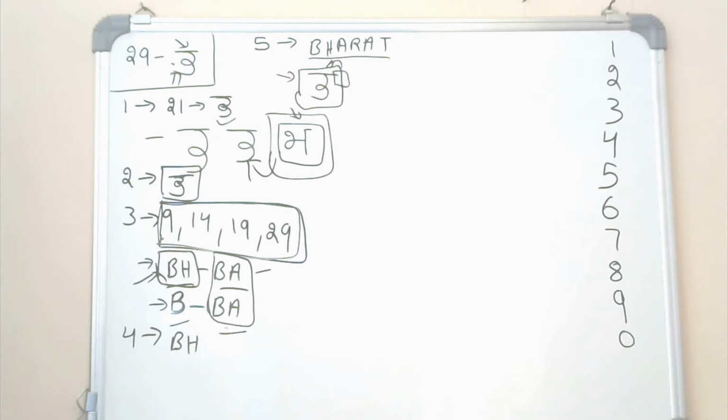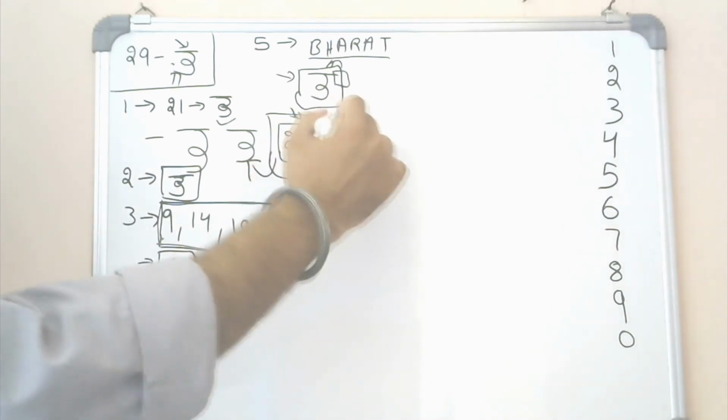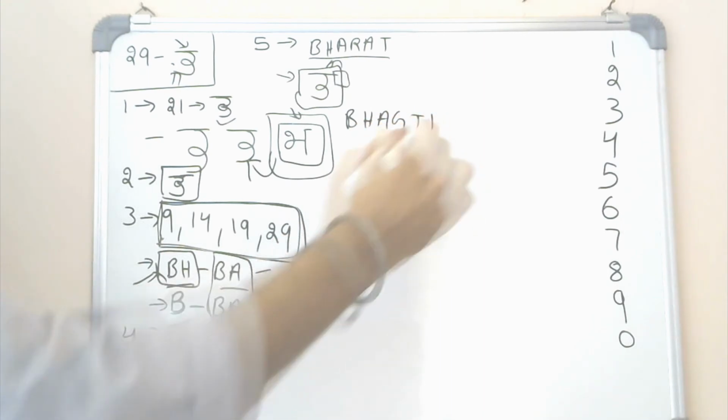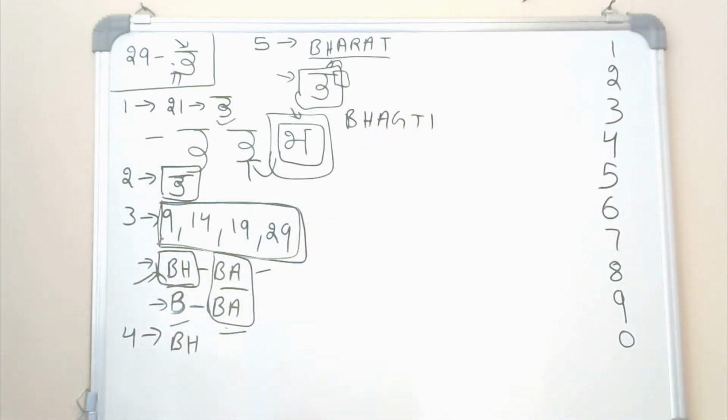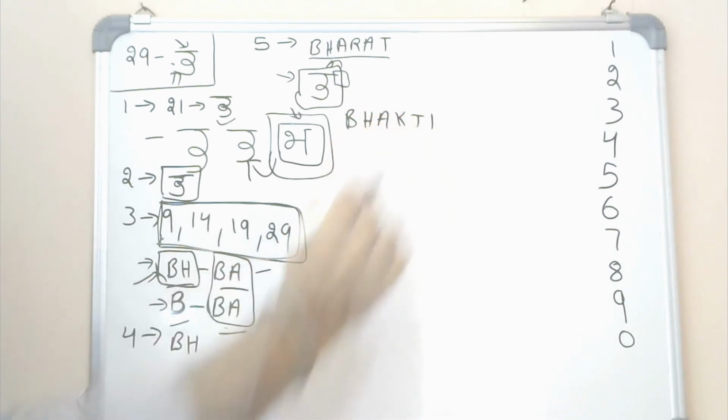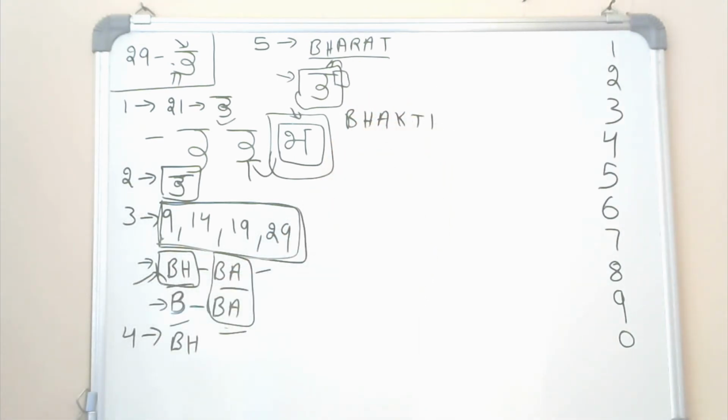Apart from that, we can have this example, Bhakti. Here we should be having K. Sorry, in Punjabi we wrote it that way, so that is why. Okay, so here we have Bhakti. It is, you can say, devotion to God.